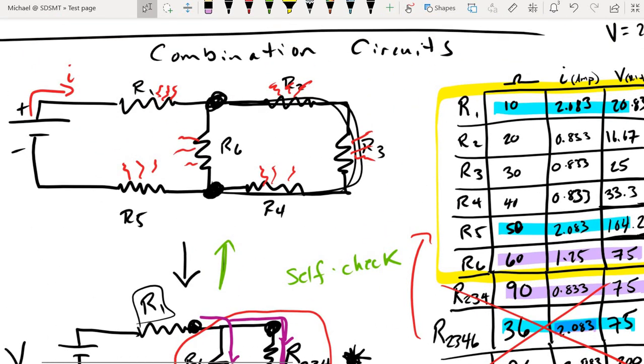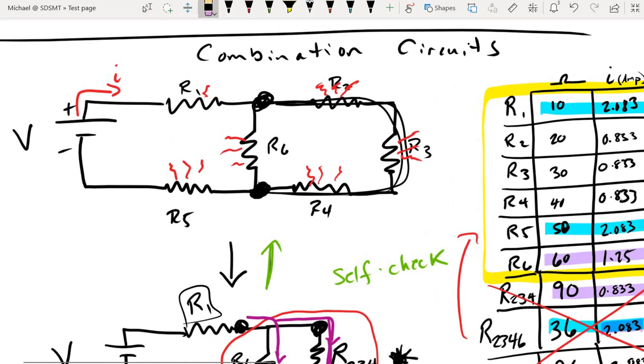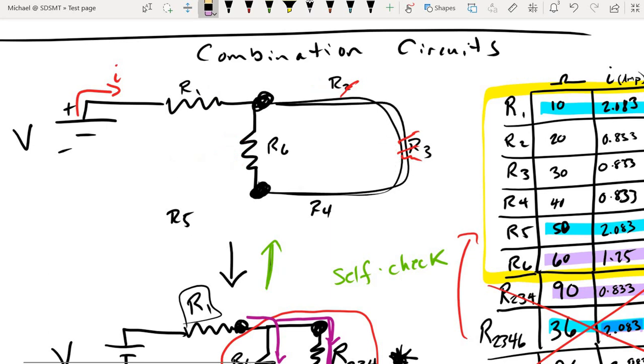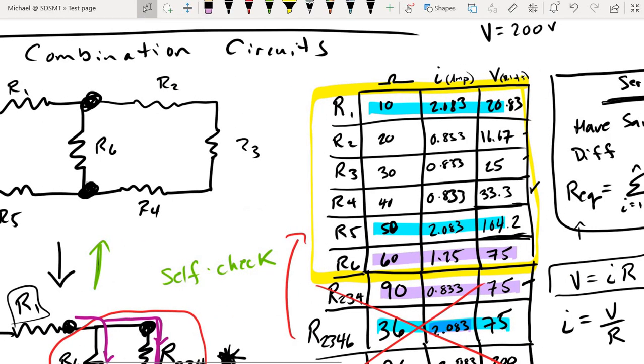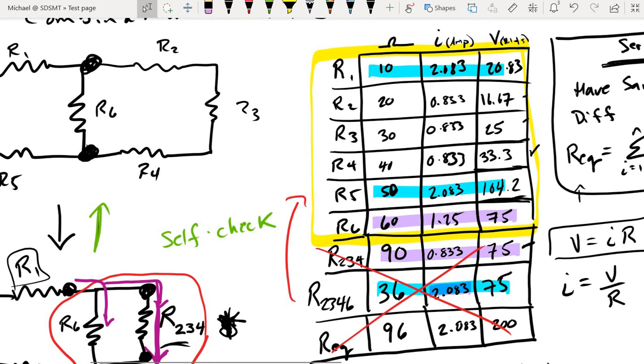Now, one last thing that I want to comment on before I end the video. We had all of these self-checks. Whoops, didn't want to do that. But that's okay, I'll just redraw this. So we had all of these self-checks along the way where we would keep track of the potentials and the currents, and that all worked out really well because this whole table here that we made is kind of like an ultimate edition of Sudoku.